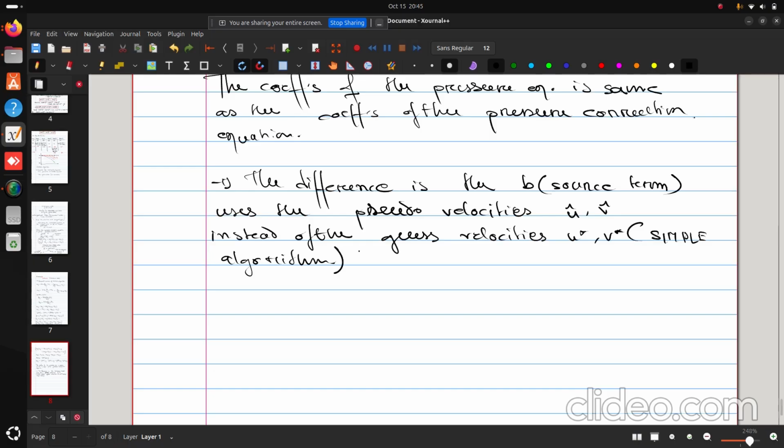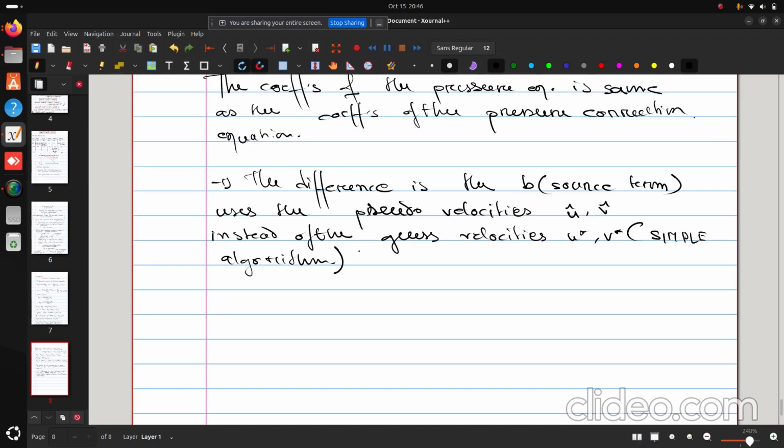In the simple algorithm, we got the velocities from solving the momentum equation using the guess values of the pressure field, and then with those guess values we solved the pressure correction equation, and then we solved for the pressure.